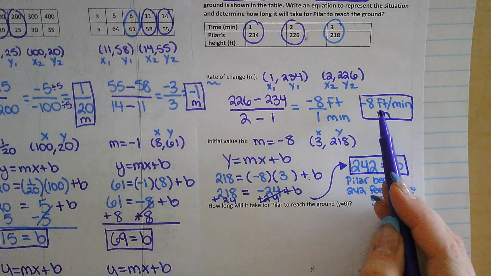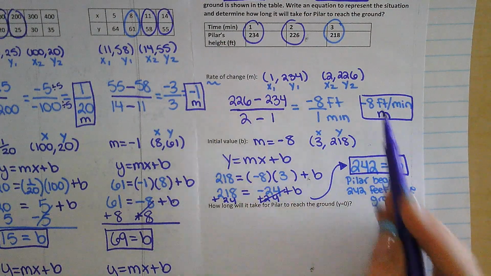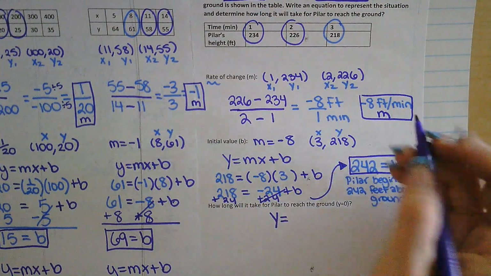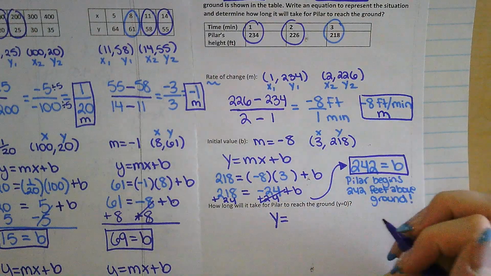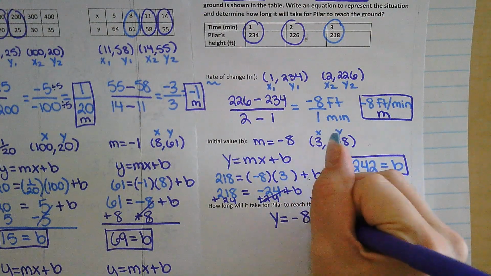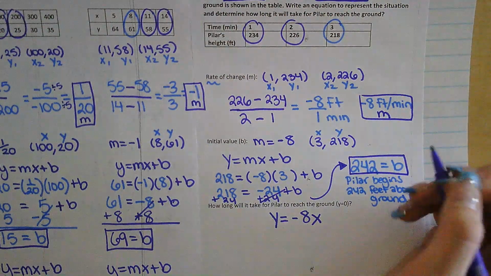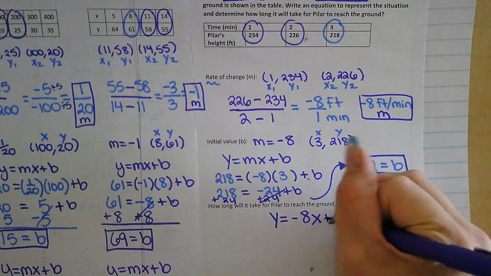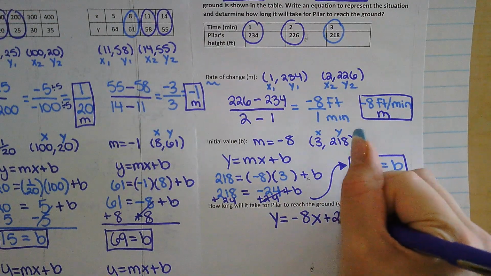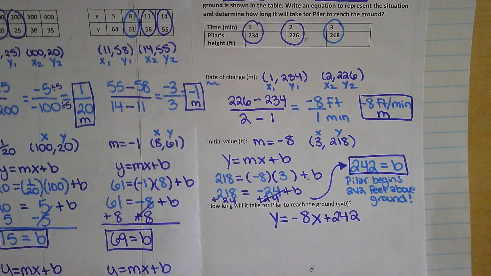So my equation in slope-intercept form is y equals -8, that's my slope, x, -8 feet per minute, plus the initial starting height of 242 feet.